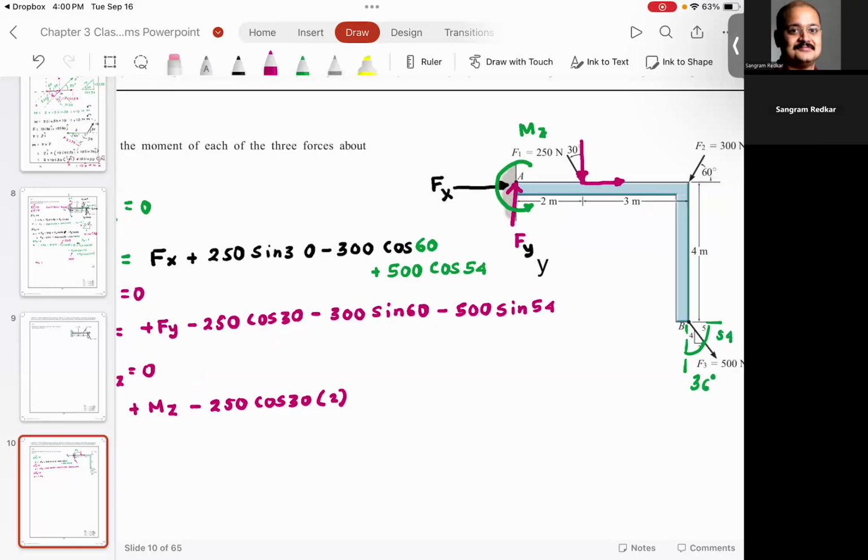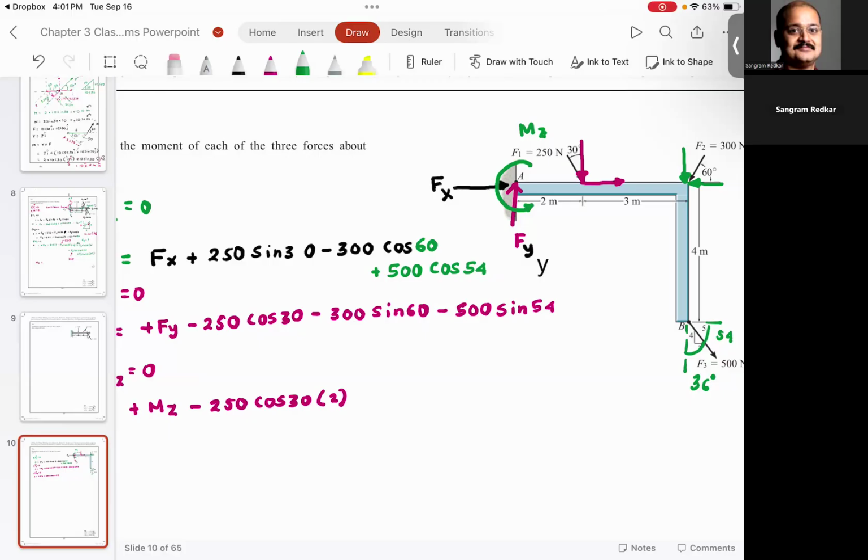Let's go further. Now you have this force F2. Let me show you the horizontal and vertical component of this force. The horizontal component is over here. The vertical component is over here. Do you agree with me? The horizontal component of F2 is passing through A, so it's not going to give you any moment.